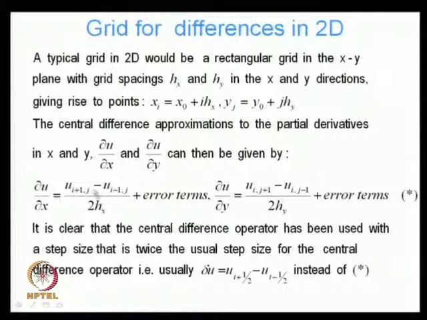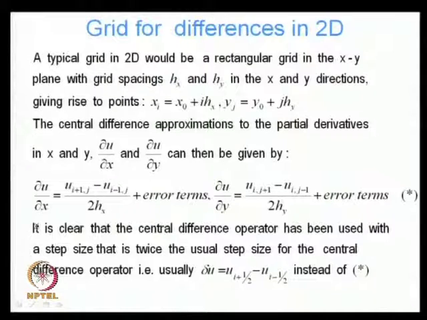I am taking the difference in the x direction, so i plus 1, i minus 1, and the jth index remains fixed. Similarly, for del u by del y, we have u(i, j+1) minus u(i, j-1) by twice hy, plus of course the error terms.